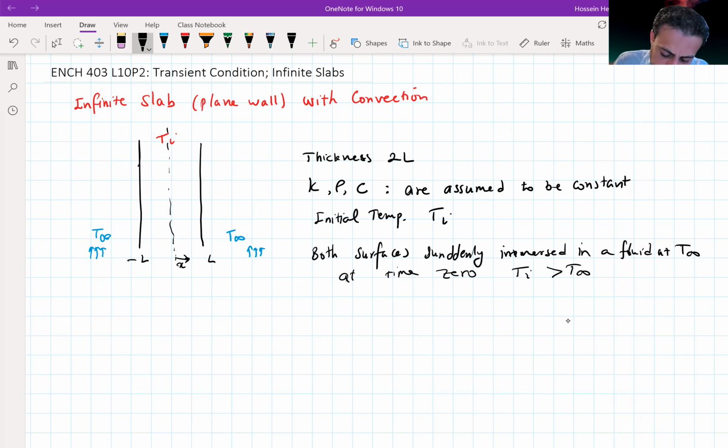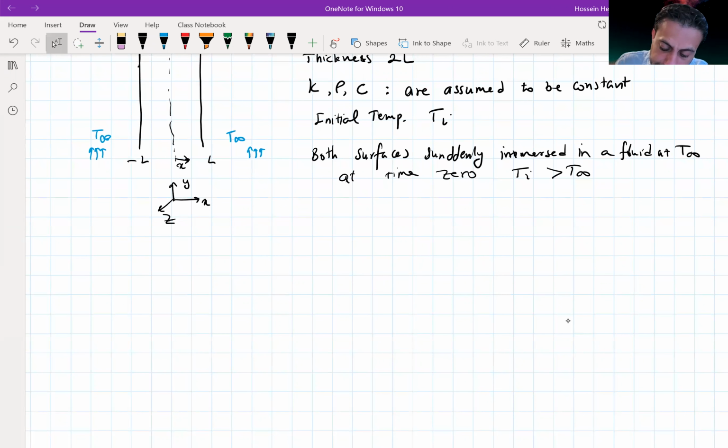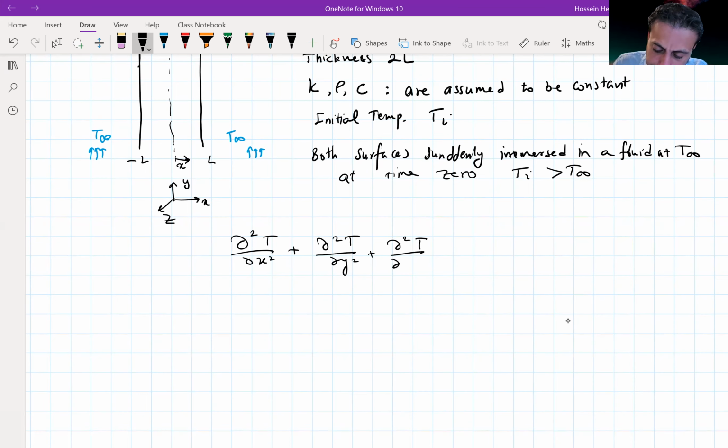So if I put the axes x, y, and z here, starting from the general heat conduction equation in this Cartesian coordinate, we have the second derivative with respect to x, y, and z, and generation, assuming there is no heat generation.